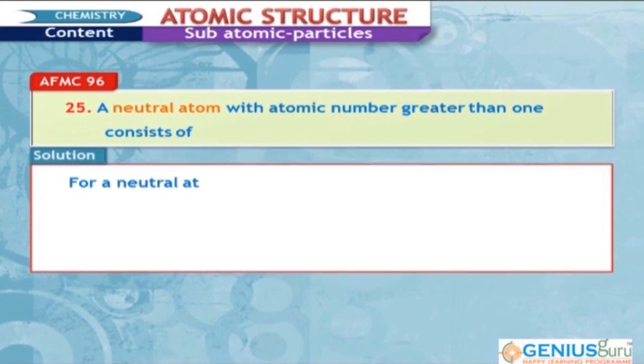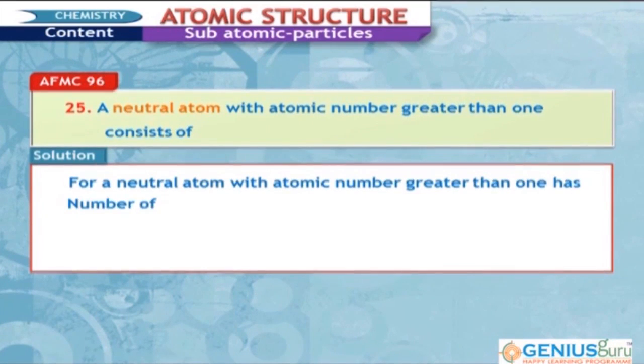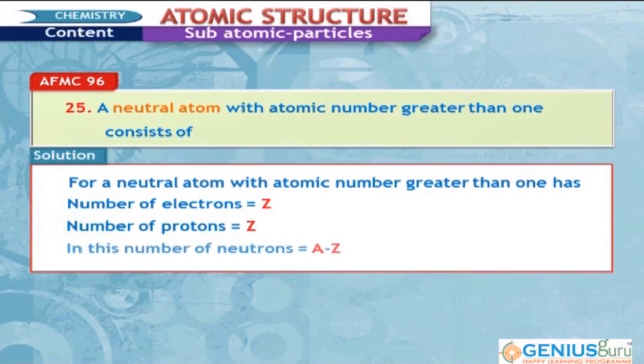A neutral atom with atomic number greater than 1 has number of electrons equal to Z. The number of protons is equal to Z, because for an element the number of electrons and number of protons are the same, which is given by the atomic number. We know that the number of neutrons is equal to A minus Z. All these formulas we already know.